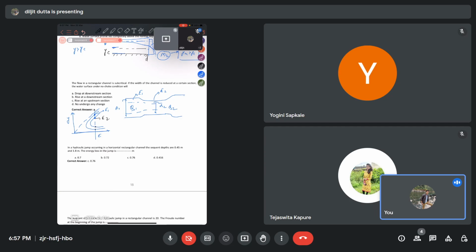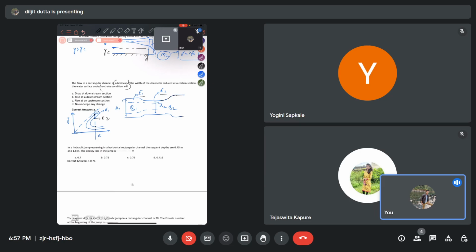E2 cannot be here because it is clearly given it is a no choke condition. No choke means the surface profile is not changing from subcritical to supercritical, so it should remain in the subcritical region. From the concept of specific energy, E1 and E2 will be the same, since the datum is not changing.